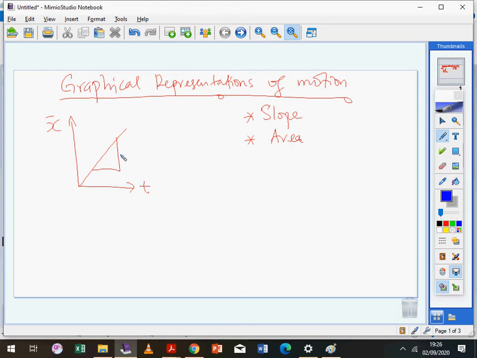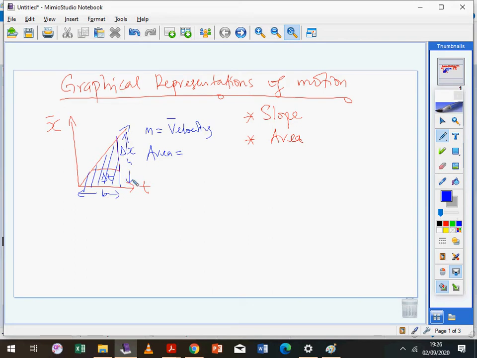This slope will be change in x over change in t, and for a position time graph, you can see that the slope is velocity. Or if it is a distance time graph, then the slope is speed. The area under this graph: if I try to calculate this area, it's a triangle, and this is the base, this is the height.